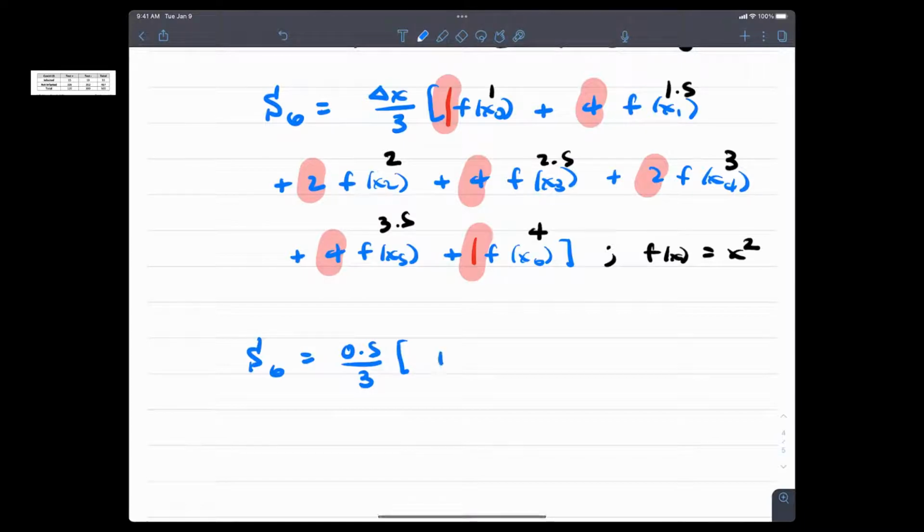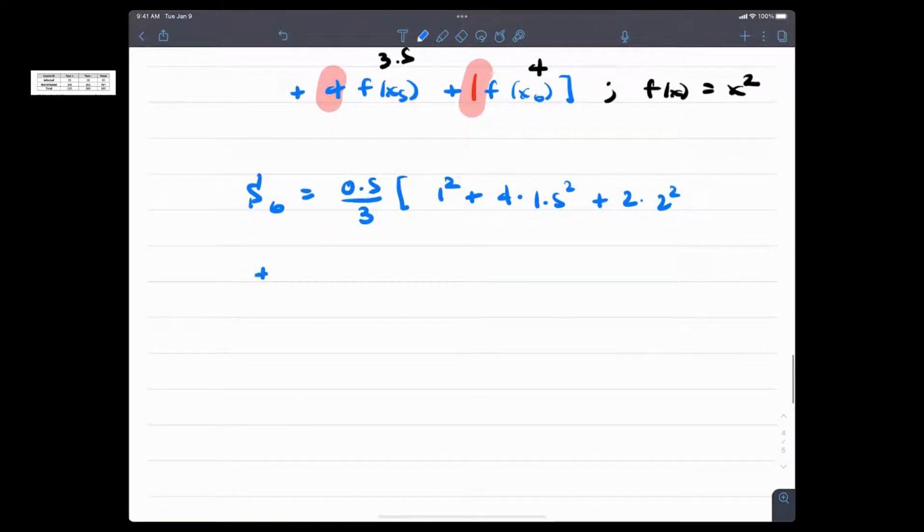X squared, so that's going to be 1 squared plus 4 times 1.5 squared plus 2 times 2 squared, okay? Plus 4 times 2.5 squared, plus 2 times 3 squared, right? Plus 4 times 3.5 squared, plus, what's the last one? F of 4? I think that's 4 squared, right? And then this is going to give you what you guys need.